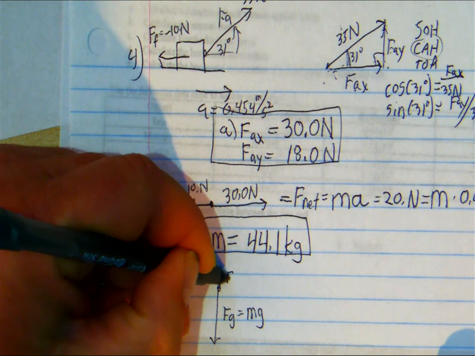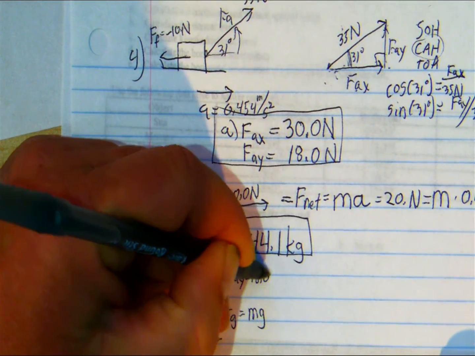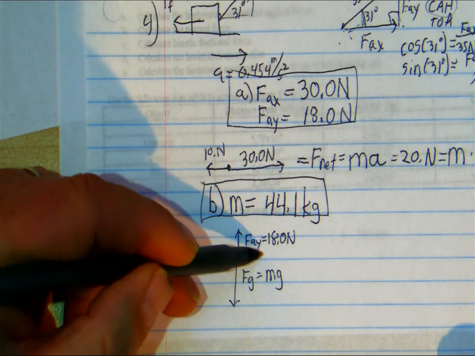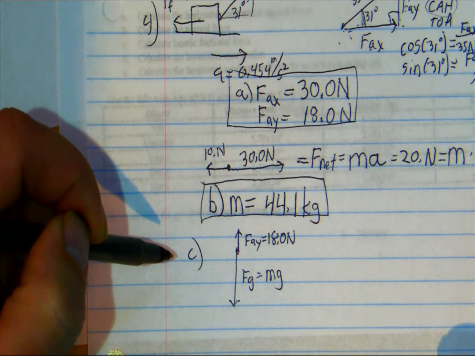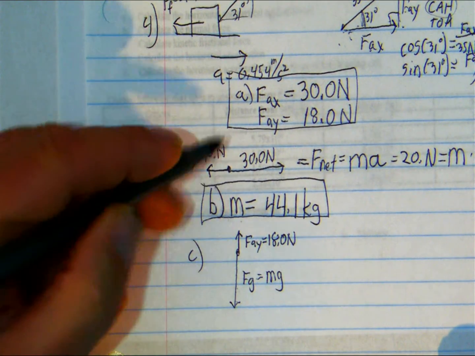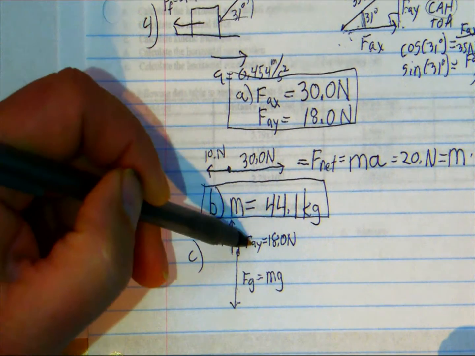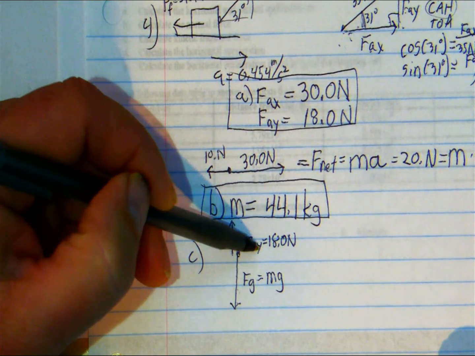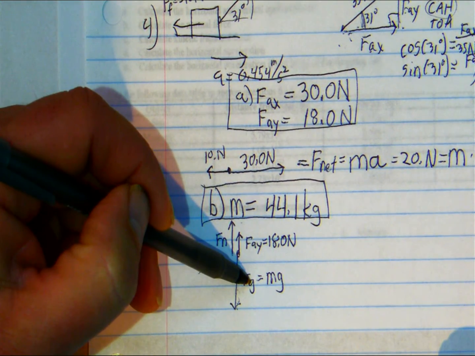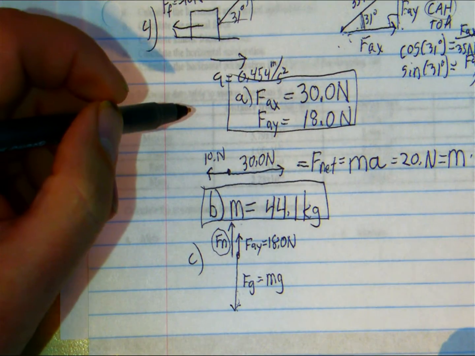So the Fay is pushing upward with a force of 18 newtons. The wooden block, as near as we can tell, never leaves the surface of the table. Therefore, the sum of all the forces in a vertical direction has to add up to zero. Therefore, the normal force added to the y component of the applied force has to be equal to the weight of the object. And in this question, they're asking, please calculate the normal force.